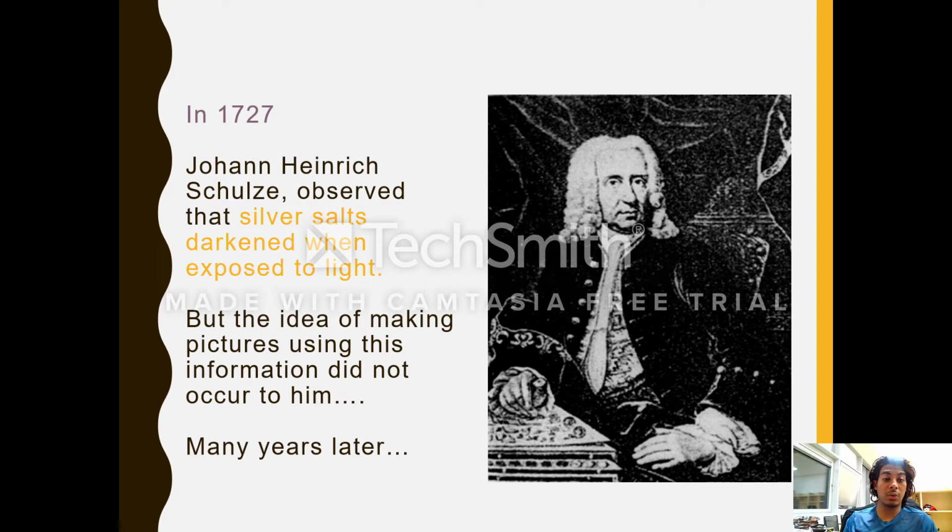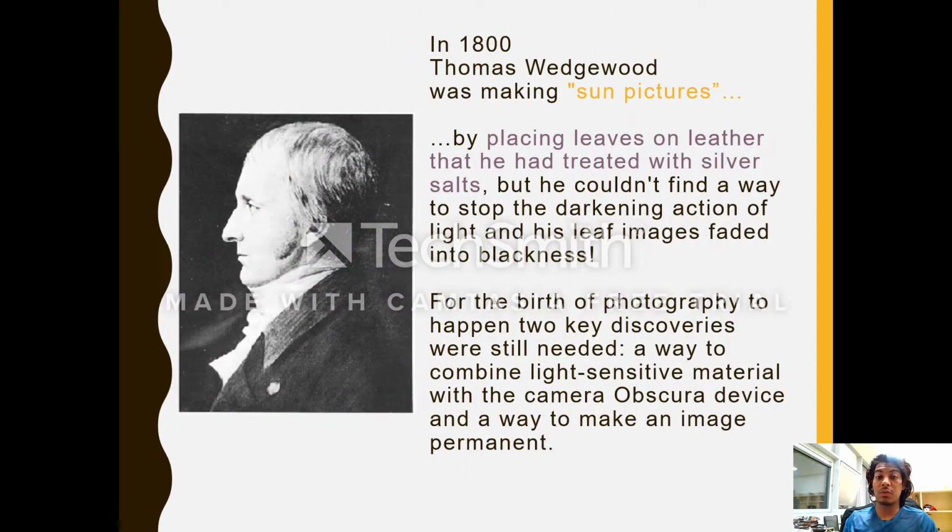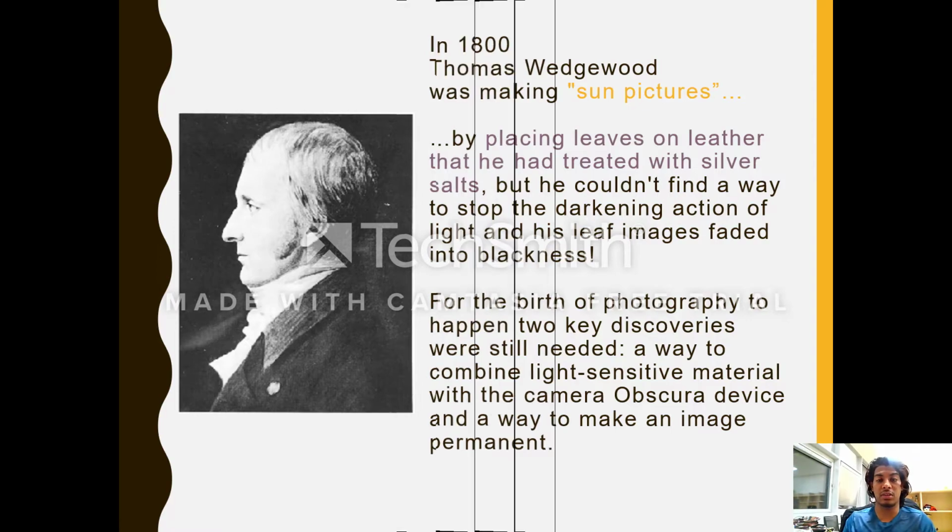In 1727, Johann Heinrich Schulze explored that silver salts were darkened when exposed to light. And Thomas Wedgwood was another great man who was doing sun pictures where he was using similar chemicals to make not really pictures but something similar, like negatives, using leaves and other material, and using this light sensitive material to form the silhouette of the surfaces.